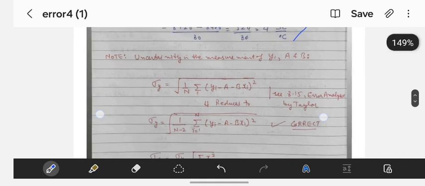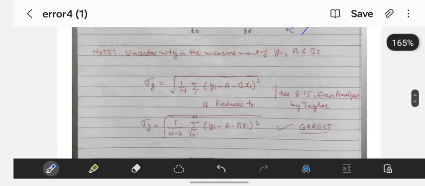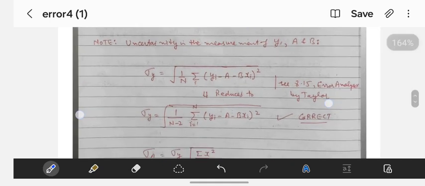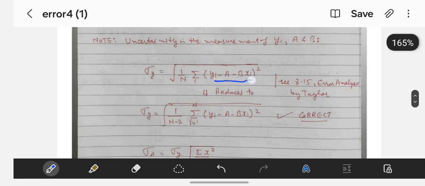So we use these formulas. If we need to find the uncertainty in y, then we will use this formula here: yi minus, if you take the minus common, it will be a plus bxi. That is nothing but the y value we get from the curve fit. So it is nothing but the sum of yi minus y fit whole square divided by n. So it's just the standard deviation formula.